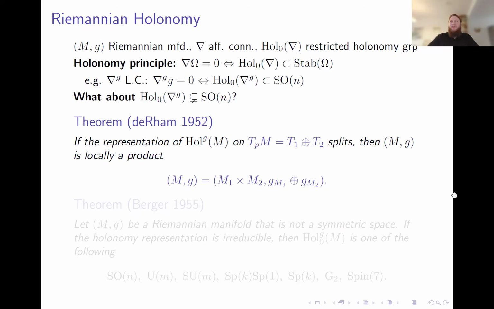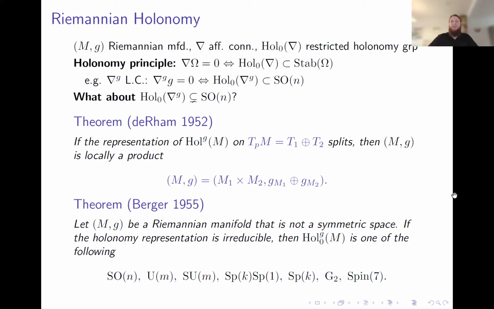Once you have this, you can reduce the dimension and split off all the factors, and then at some point you are left with only irreducible factors. And at that point, Berger's theorem, probably the most classic theorem, tells us that if we have an irreducible holonomy representation, then there's only a handful of possibilities.